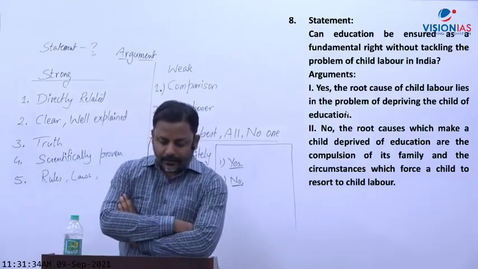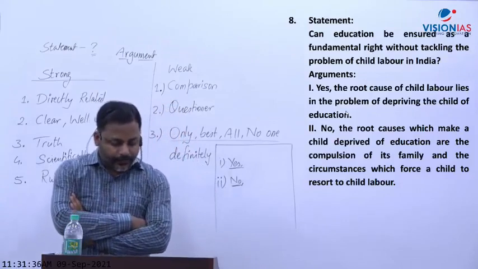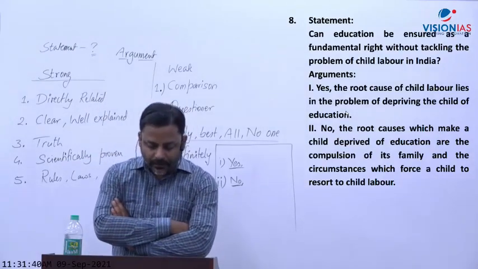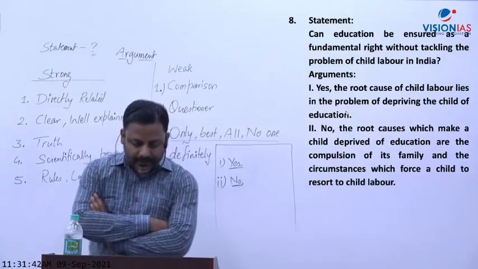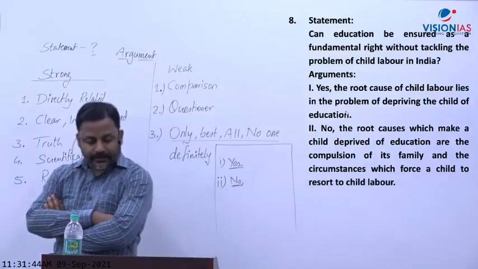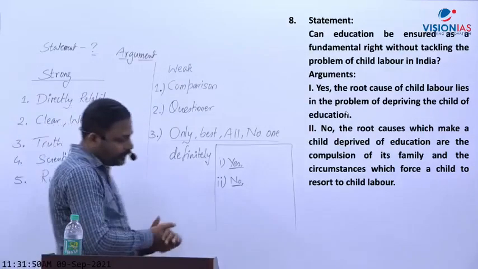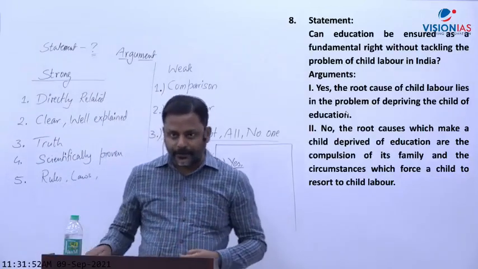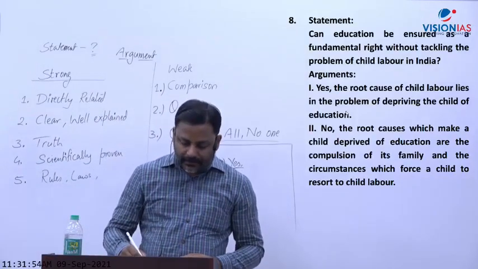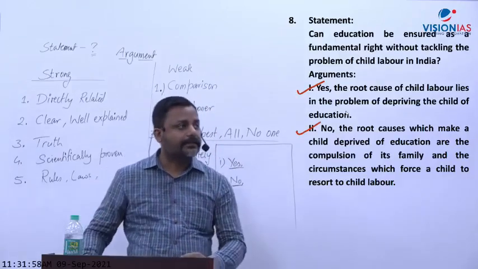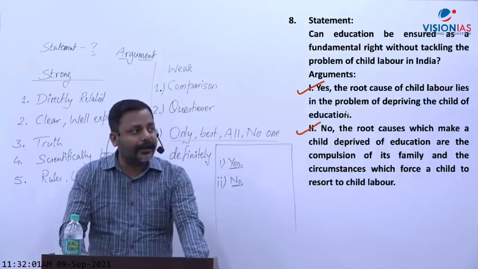And second, no. The root cause which make a child deprived from education are the compulsion of its family and the circumstances which force a child to resort to child labor. See, child labor and child education, both the things are interdependent. So here the answer will be both A and B.